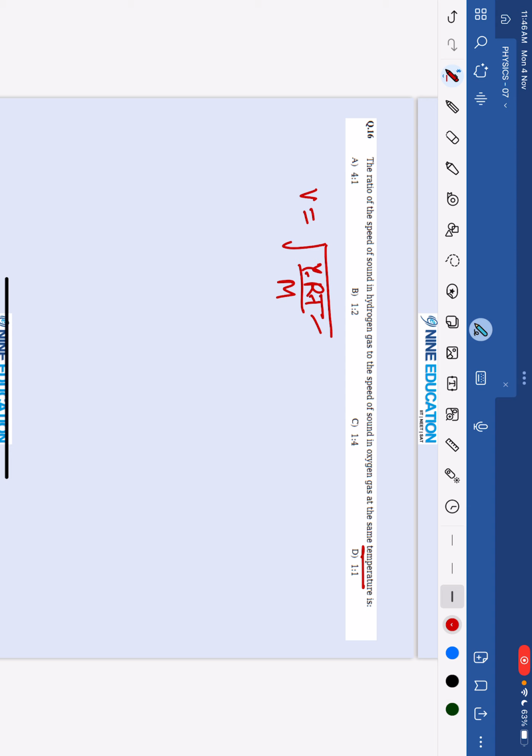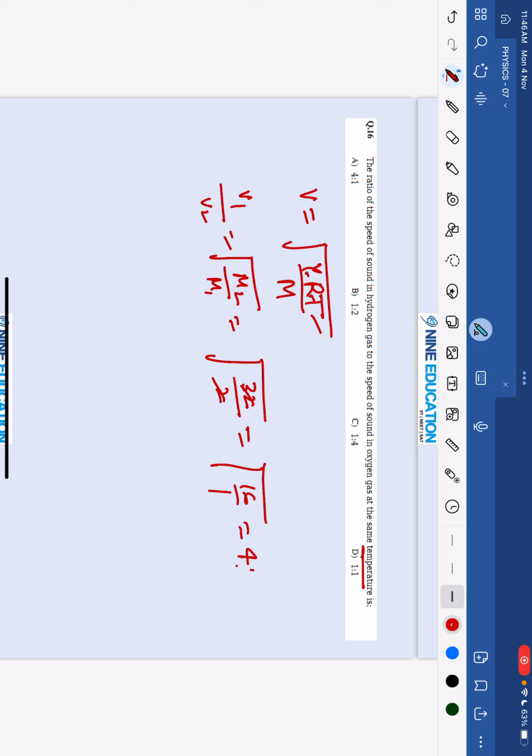Gamma, since both are diatomic gases, is also constant. So we are going to have V1 by V2 equals root of M2 by M1, correct? So that is going to become M2 for the oxygen, which is 32, and for hydrogen it is 2. So it would be root 16 by 1, which is 4 to 1. Should be A.